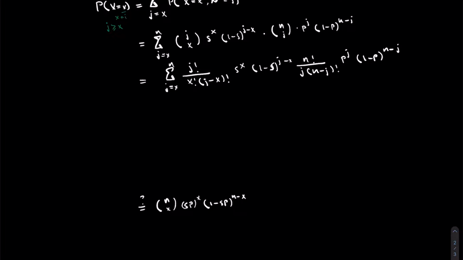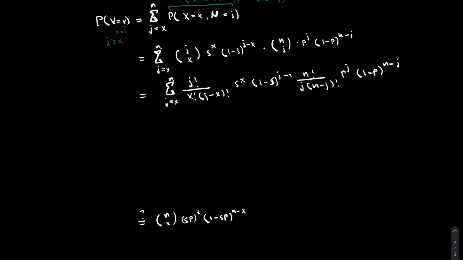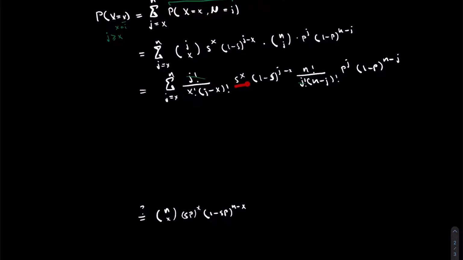All right, so here we can immediately see that the j factorial cancels, that this term simplifies, and we have terms that don't depend on j. We have the s to the x, and we have the n factorial, sorry, and we have those terms for now.